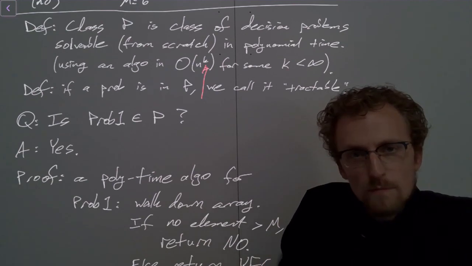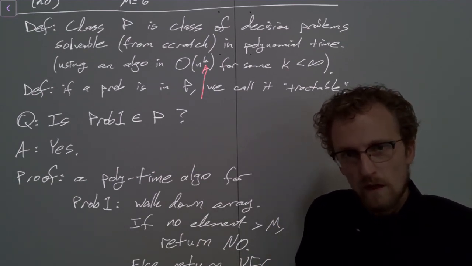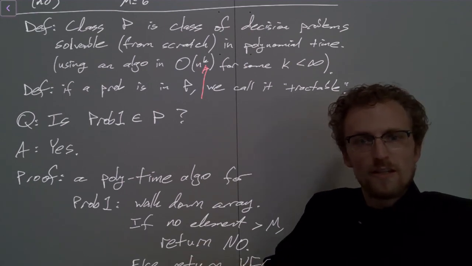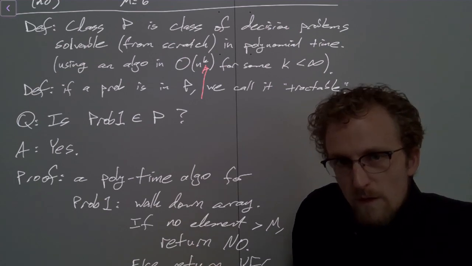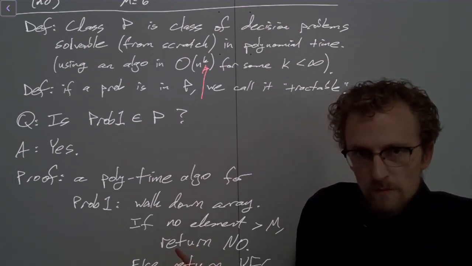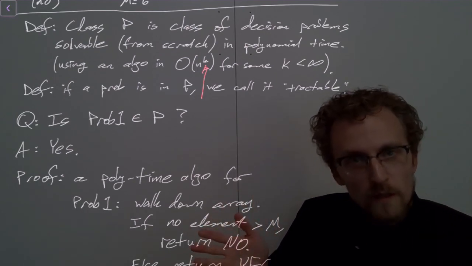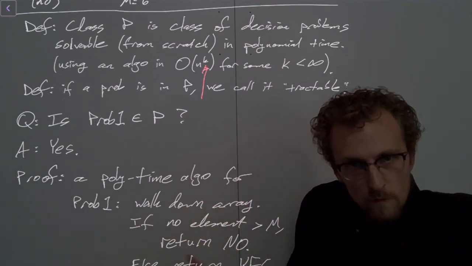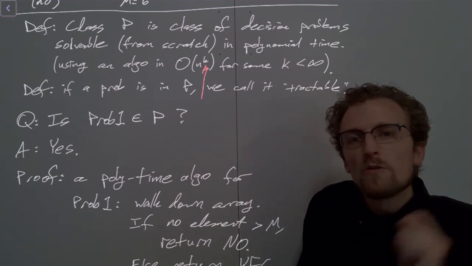So one of the things this means is that the sorting problem is not in P. The sorting problem returns an entire array, so it is not a decision problem, even though it has polynomial time algorithms for solving it.